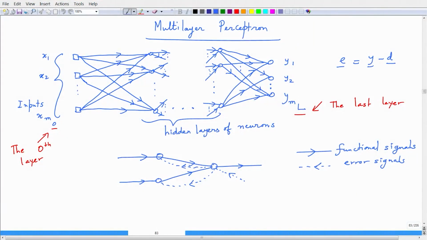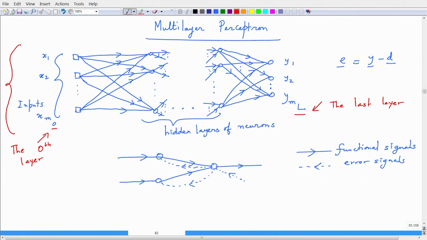Okay. So, here is a schematic of the multi-layer perceptron. We have inputs here which are x1, x2, so on till x m0, right.